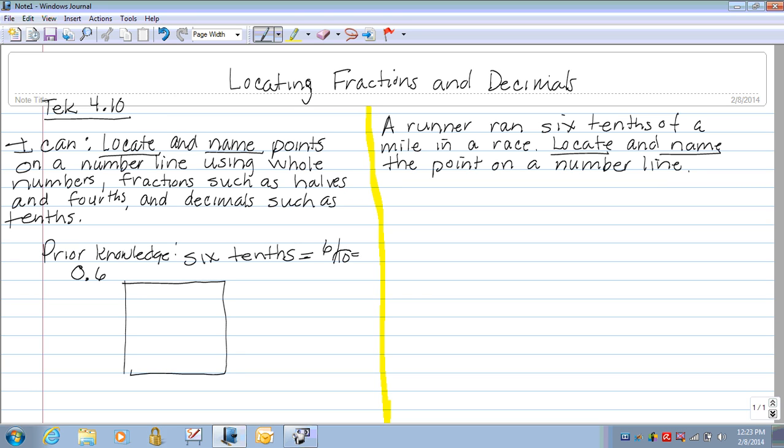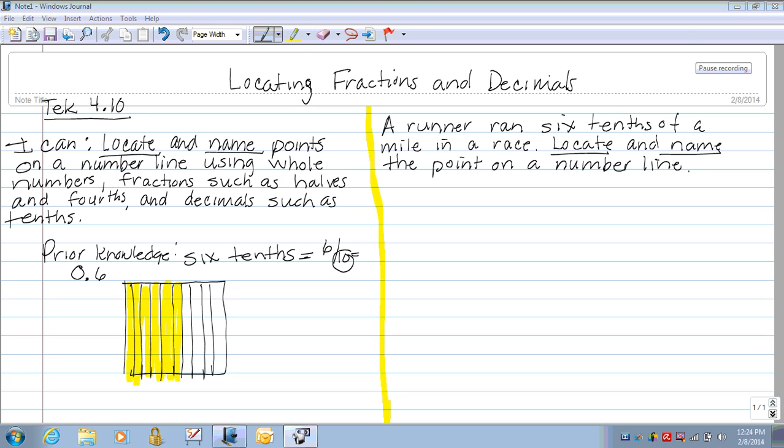And 6/10 has 10 equal parts. So if I divide into 10 equal parts, I know that 6 of them will be shaded, so I will go ahead and shade 6/10. 1, 2, 3, 4, 5, 6.